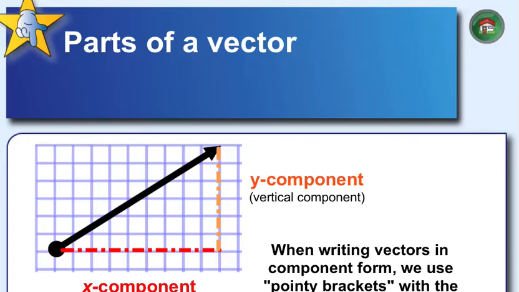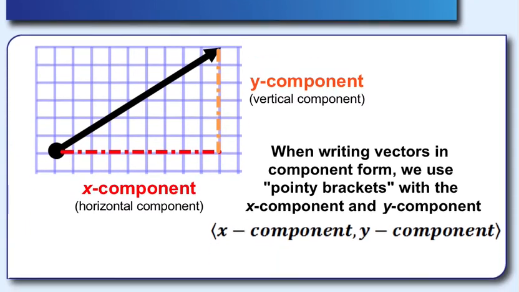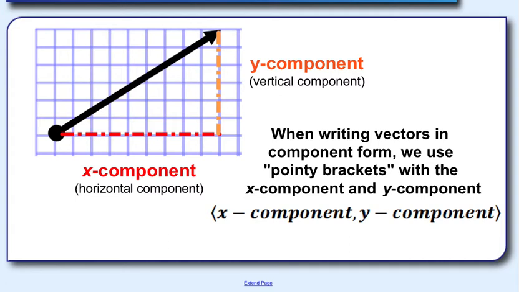All right, the next thing of the parts of a vector, there's going to be an x component and a y component. So imagine this black vector, and we want to identify the distance on the x-axis. So we would count the boxes: 1, 2, 3, 4, 5, 6, 7, 8, 9.